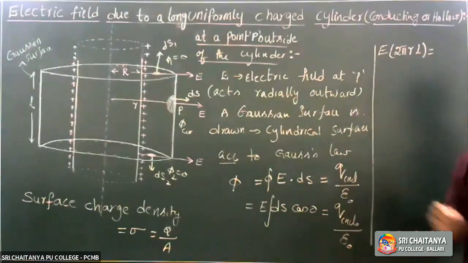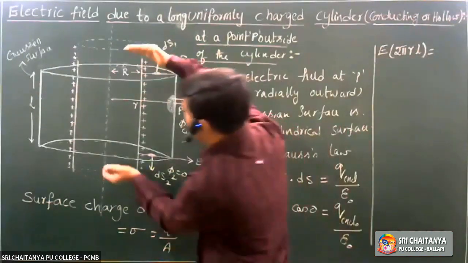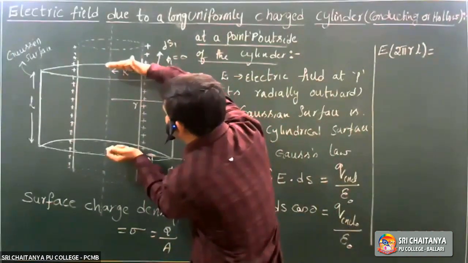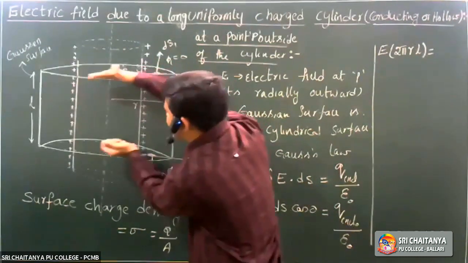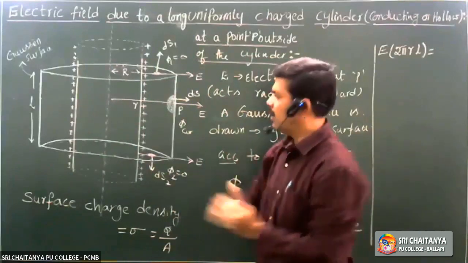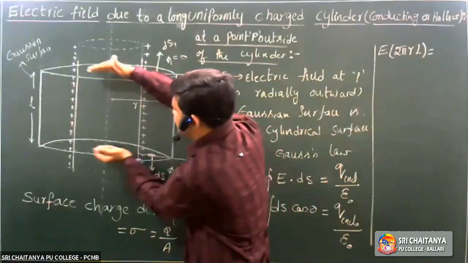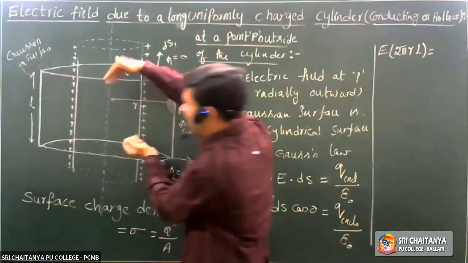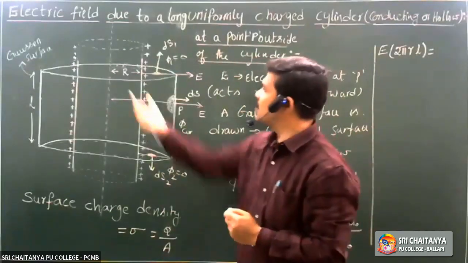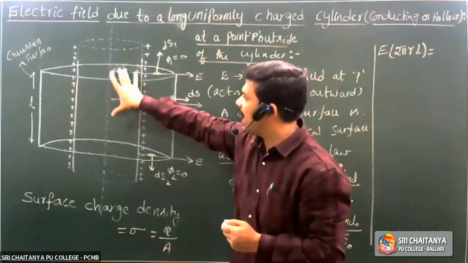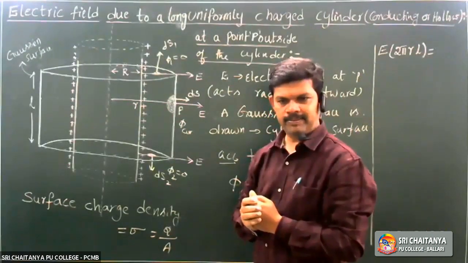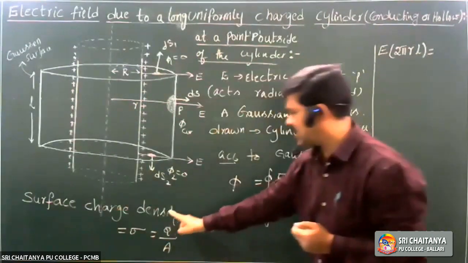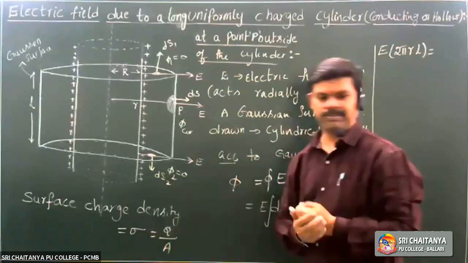Now Q enclosed. This is very important. This part of the cylinder is enclosed in the Gaussian surface. Only this part, a part of length L whose radius is R, is enclosed in this Gaussian surface. Right? Surface charge density is sigma.